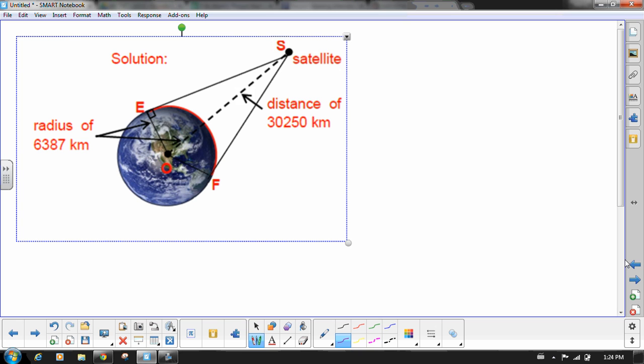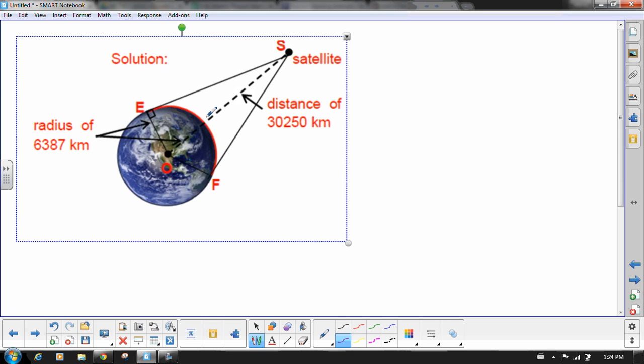The final question on this assignment is looking at this here. The radius, so EO and EF, are both 6,387. We know the distance to the satellite is 30,250. We want to know what percent of the Earth the satellite can see.